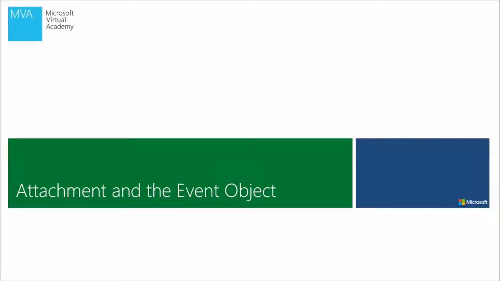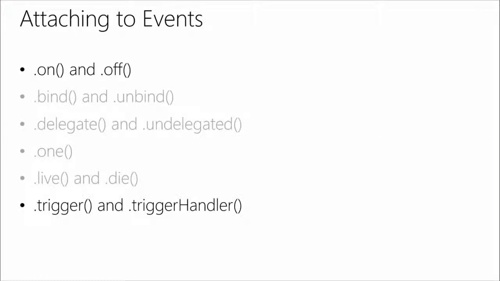Okay, so let's start with the attachment process and the event object. Now, I'm going to spend a little bit of time on this slide because this is interesting. Hopefully you remember when we were talking about the version history of jQuery that at one point in time, I believe it's 1.7, the event model was kind of turned on its head in jQuery, and they basically said, well, we'll still support bind and delegate and one and live and all of these, but let's create one method to rule them all.